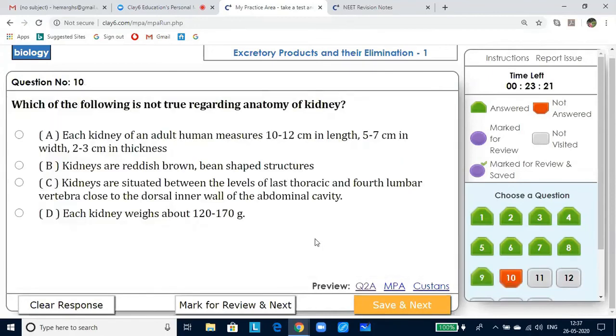Which of the following is not the kidney? Kidneys are situated below the levels of the last thoracic and fourth lumbar vertebrae, close to the dorsal inner wall of the abdominal cavity is wrong.